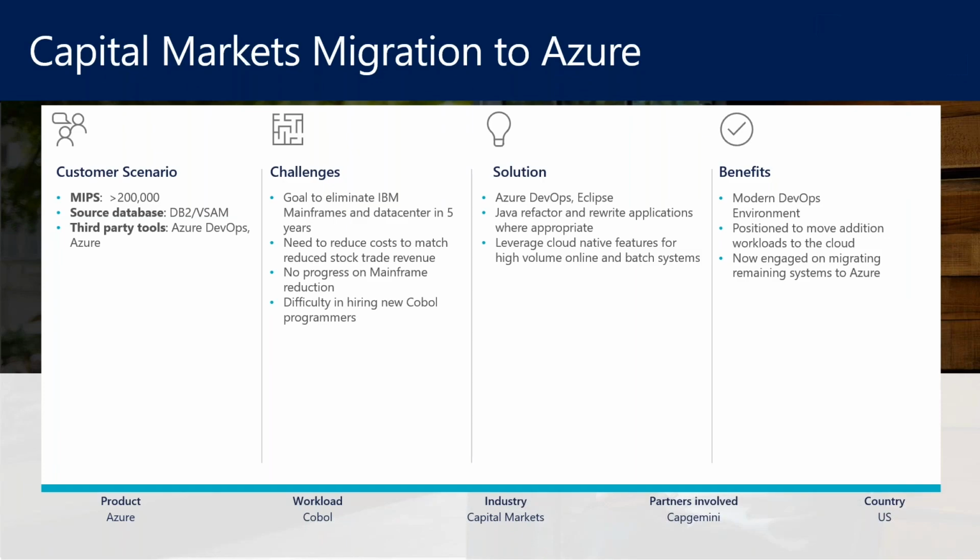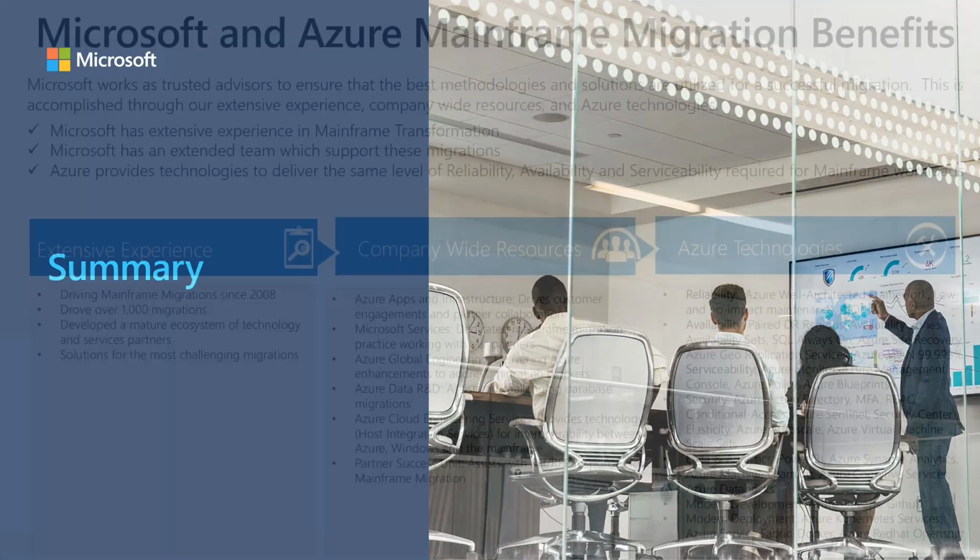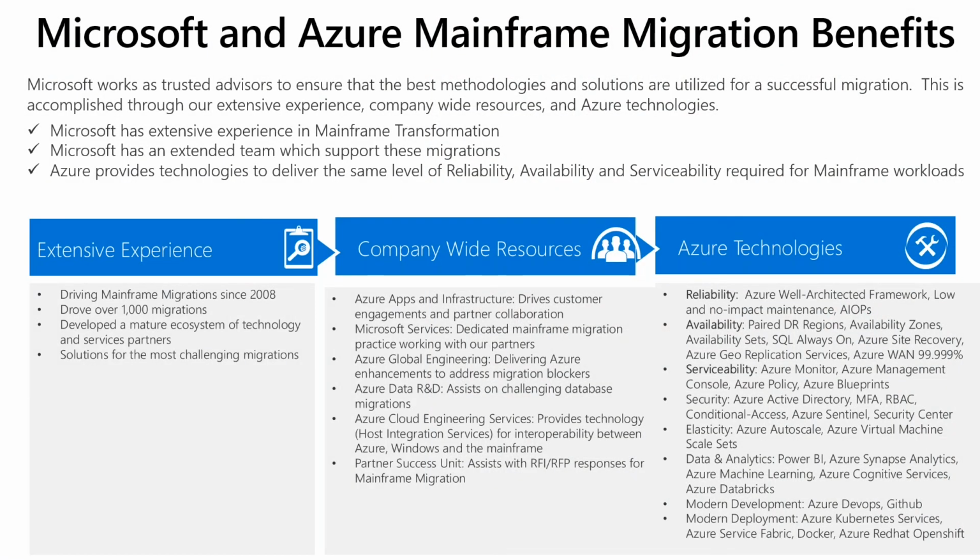And next slide. So, a few customer examples for you, but good examples of customers that have already gone into production running their mission-critical workloads in Azure. And just to close this off, I know we're at the end of the time, I want to leave you with a couple of things. First, Microsoft and Azure mainframe migration: as I mentioned, we've got extensive experience helping customers over the last 13 years on this journey.